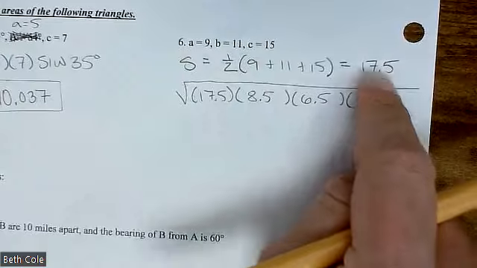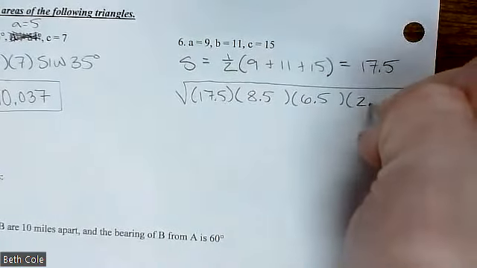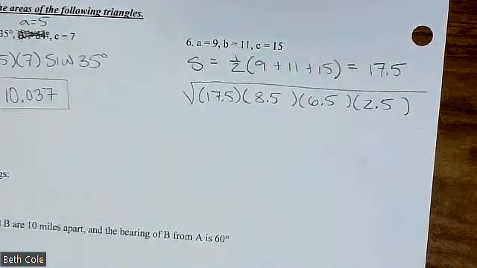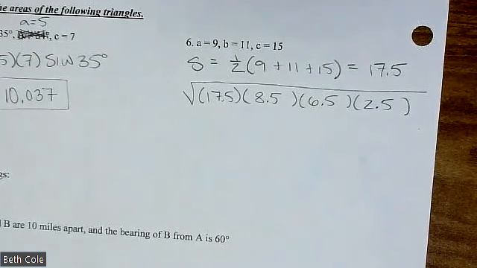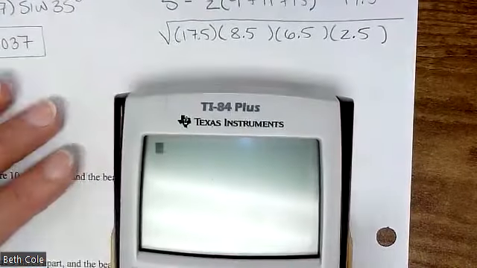And then 17.5 minus 15 would give you 2.5. And then you put that in the calculator, and that gives you the area of a triangle. That's so neat. All you have are the sides. You don't even have any angles, and you can get the area of it. It's cool, guys.